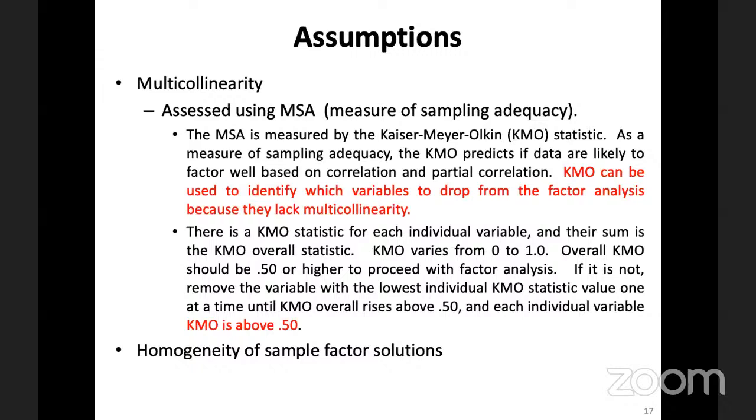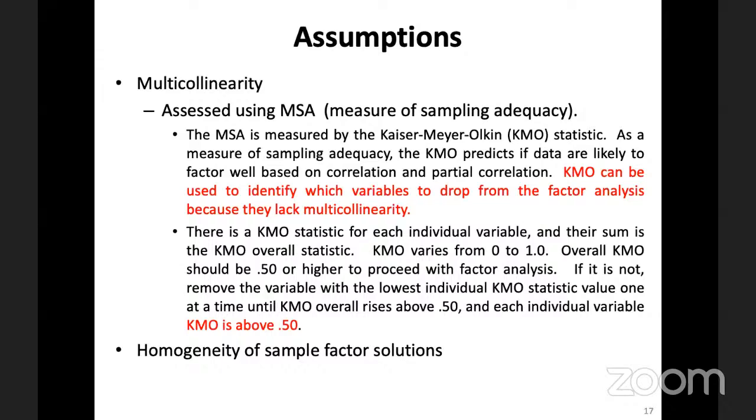We have methods called KMO, the measure of sample adequacy, MSA, the Kaiser-Meyer-Olkin statistic, which should not be less than 0.5. If MSA is less than 0.5, we cannot conduct factor analysis.